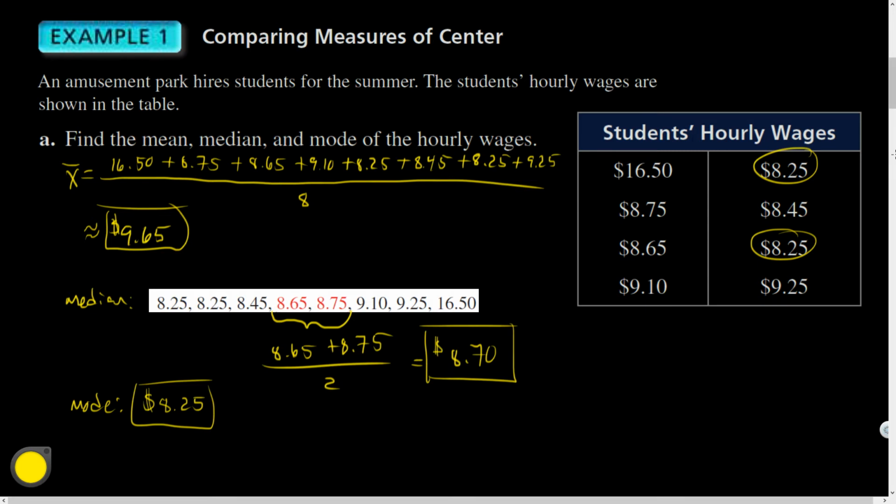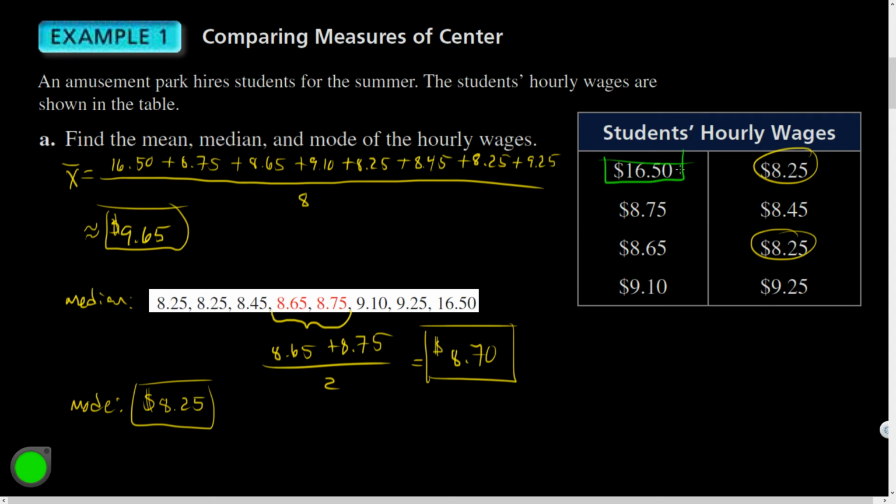Well, 8.25 ended up being the lowest number of all of them, so that's not a great measure of center. It turns out we have this one number here, which is way higher than the rest of them. As a result, we call that number an outlier. It's far beyond the rest.